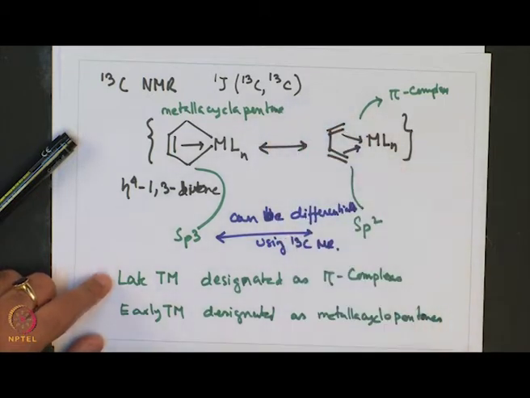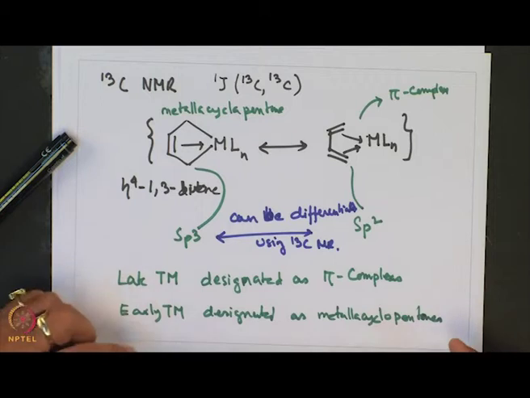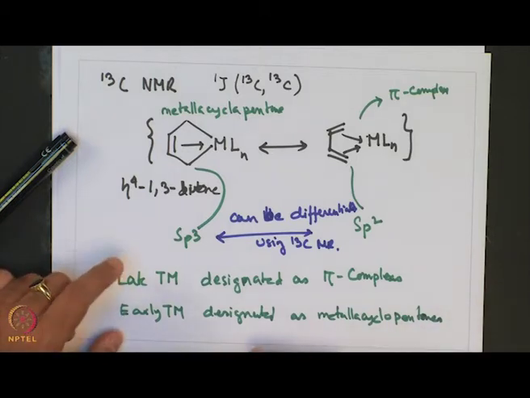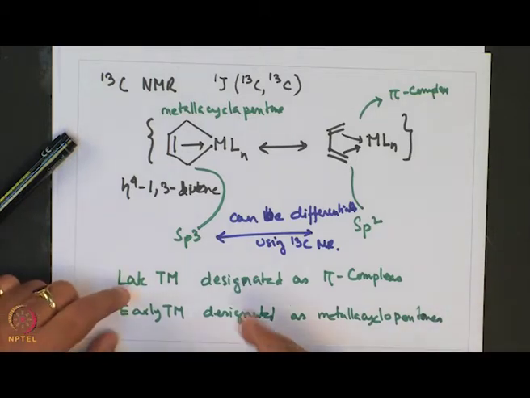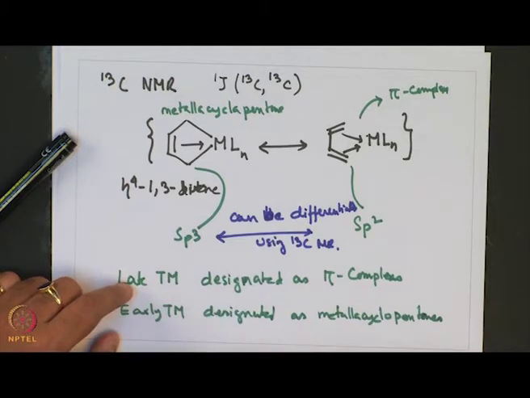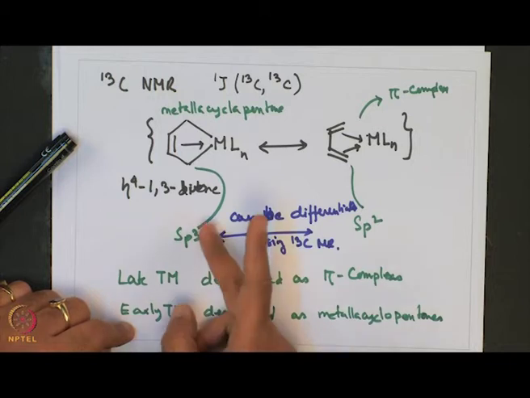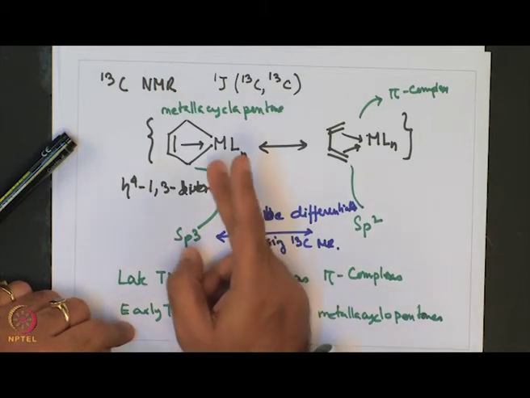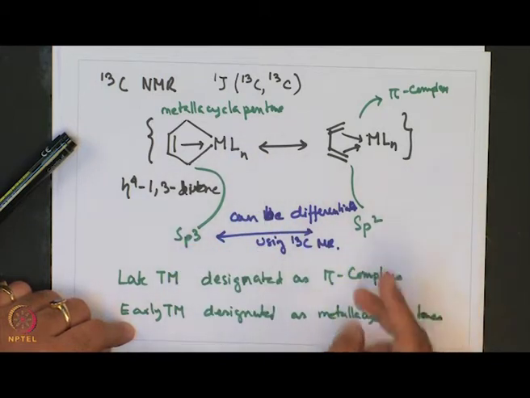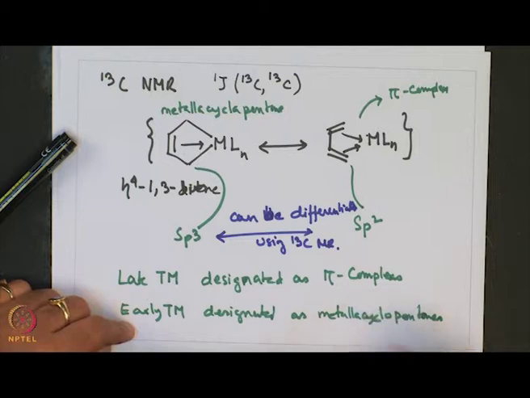So, this is an interesting feature which can distinguish between the late transition metal and the early transition metal type of canonical structure, and that the hybridization of the ligand would change on going from this metallocyclopentane intermediate onto the simple pi complex of the type shown.